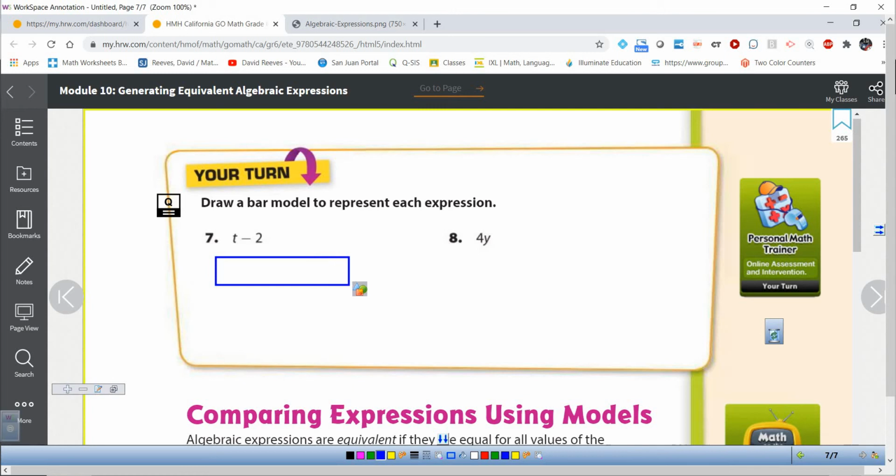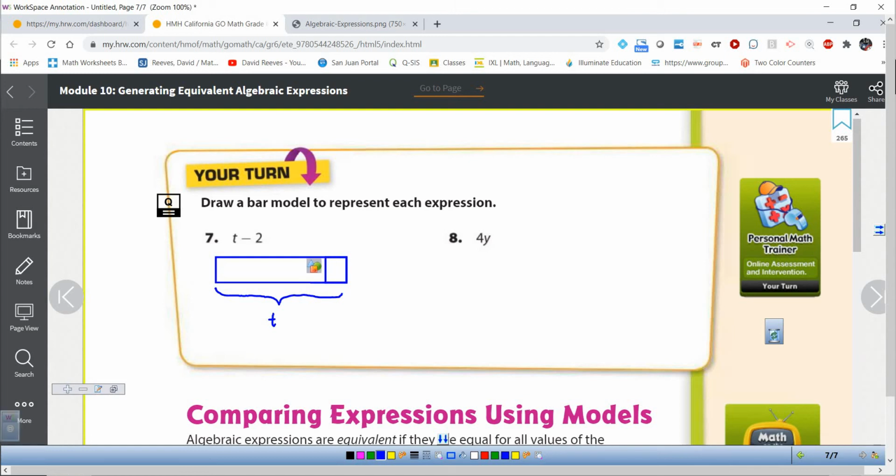So this whole thing I'm going to represent as t. Does that make sense? And again, it could be any length I want. I don't know how long t is. Now inside here, I'm going to see if I can do this. 1 there.